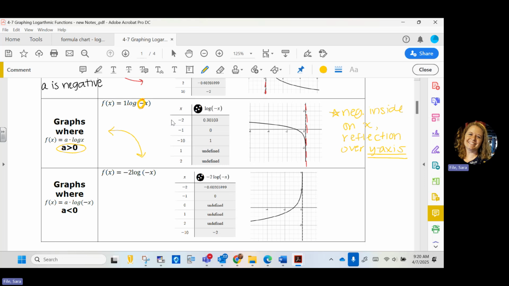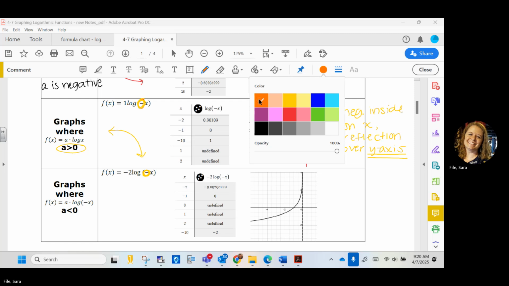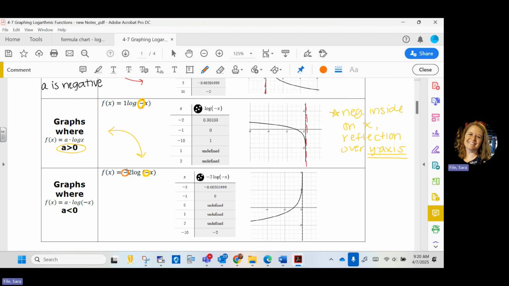Now, last but not least, there's a negative in both spots. There's a negative inside with the X, and there's a negative on the outside for A. So A is negative, and you've got a negative X. Both of those means there's two reflections.